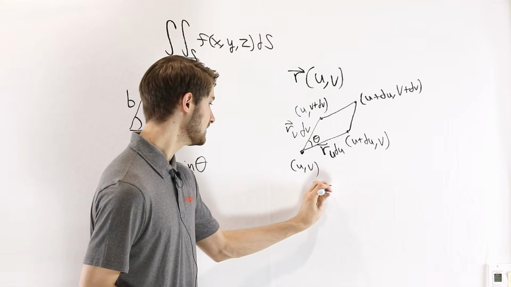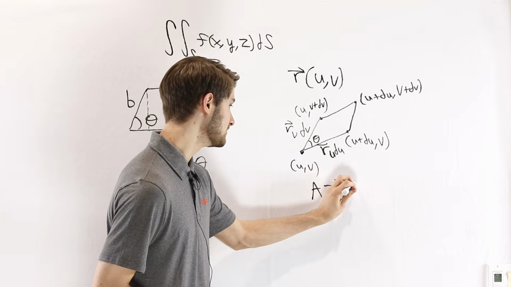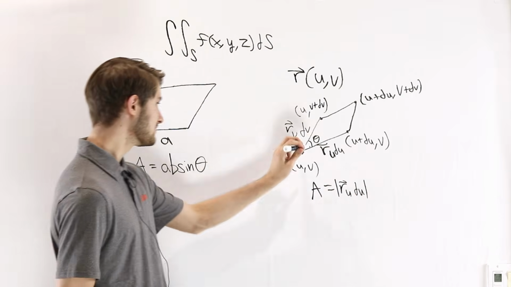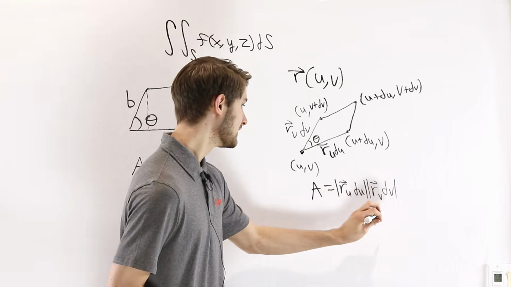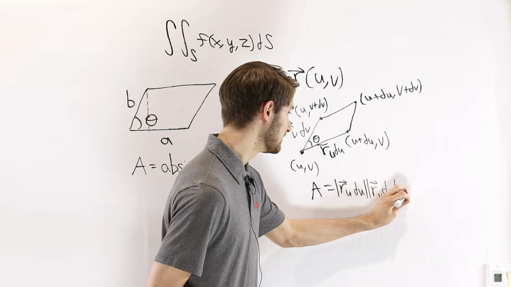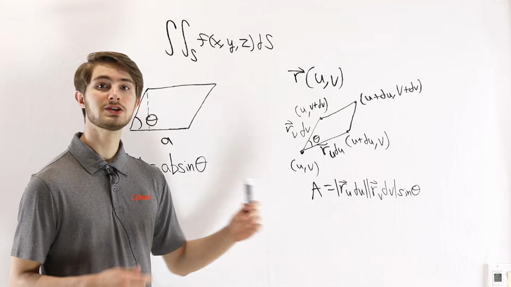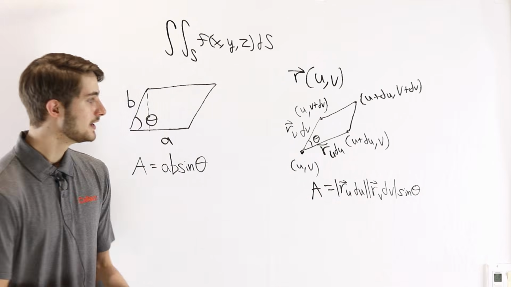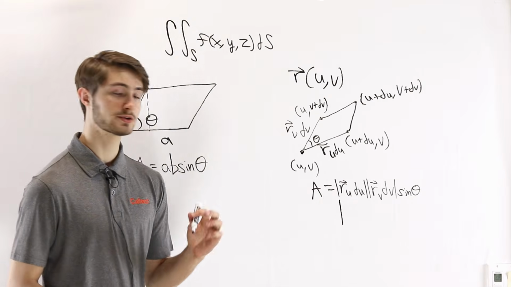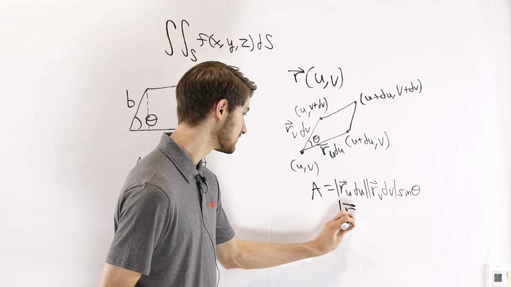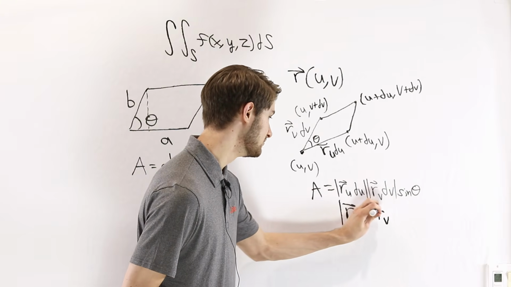The area is going to be the length of this side, which will be the magnitude of r sub u times du, times the length of this side, the magnitude of r sub v times dv, times the sine of the angle between them. This formula is actually something that we've studied before. It is the formula for the magnitude of the cross product, the cross product between these two vectors, r sub u and r sub v.